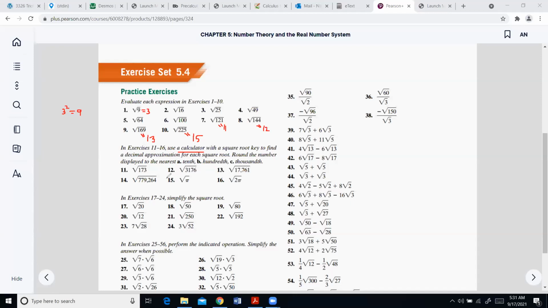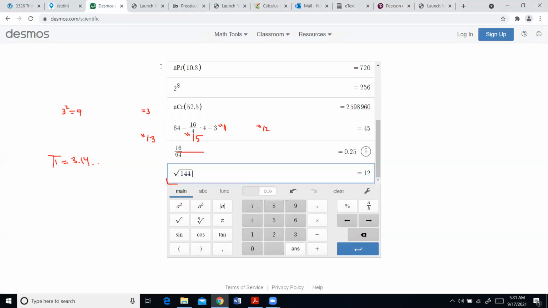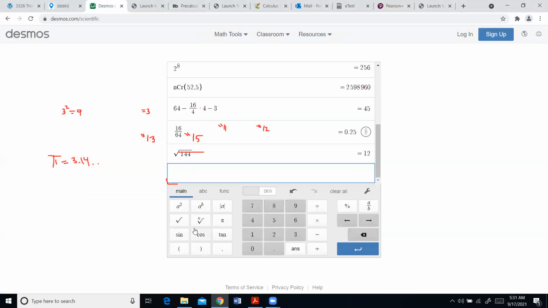Let's say exercise 15, for example. What if you have a square root of pi? You say, what is pi? Well, pi is another irrational number. Turns out it's 3.14, and then it's more digits. Square root, I can extract from any number, so why don't I extract it from pi? So let me get a calculator, put a square root, and notice that pi is right here.